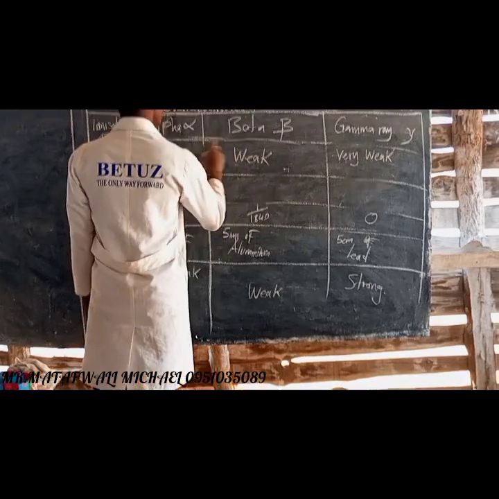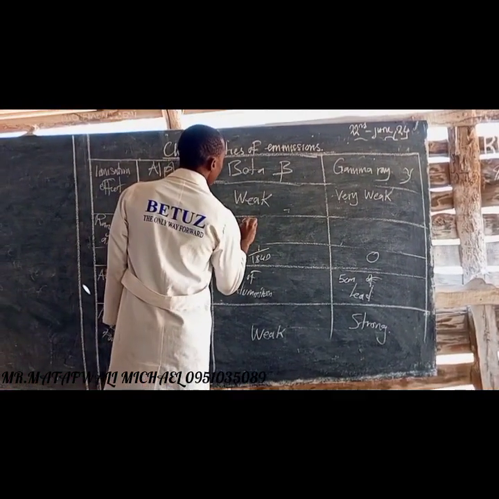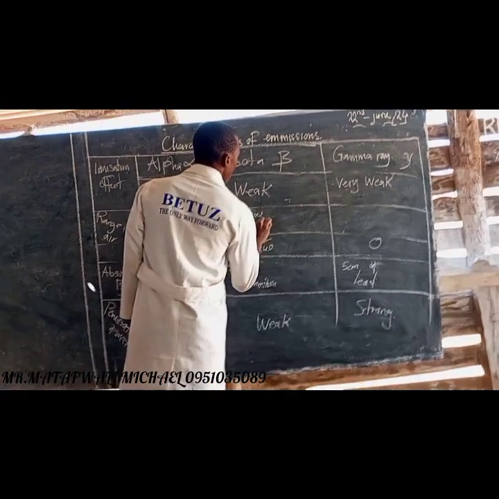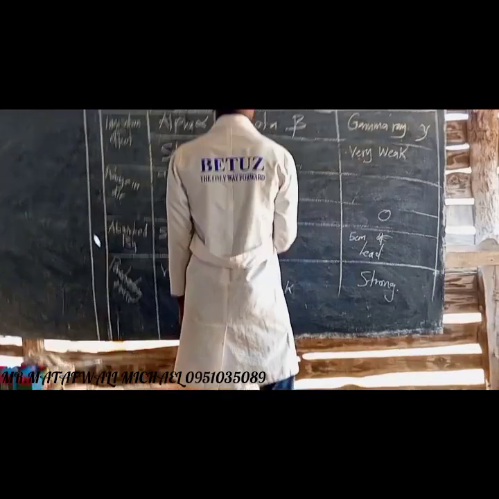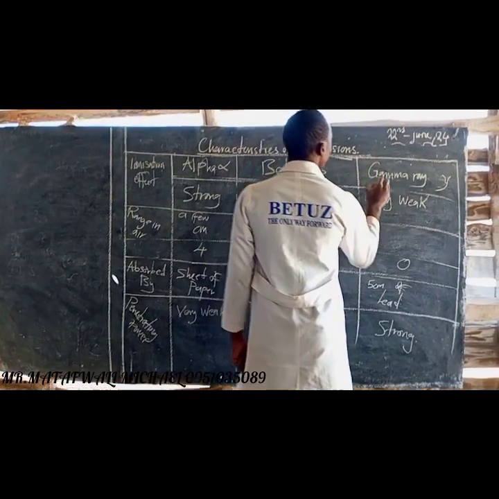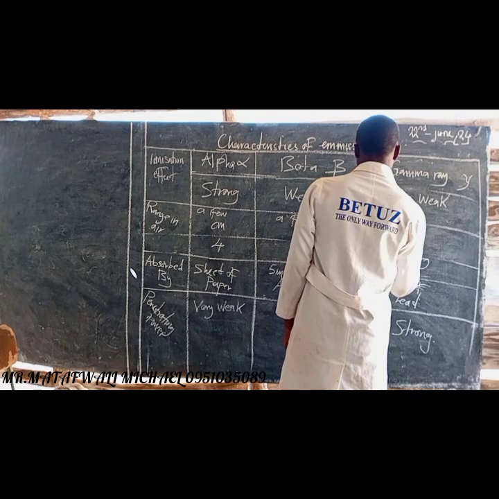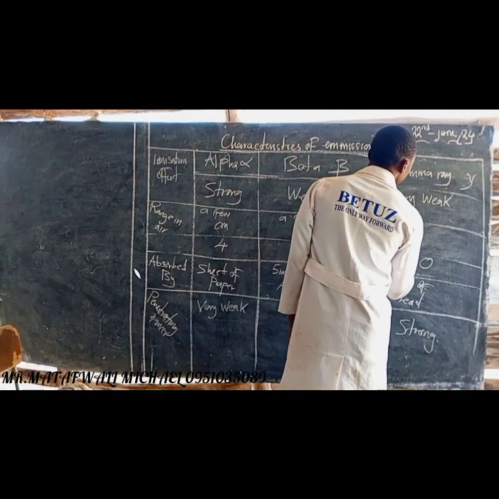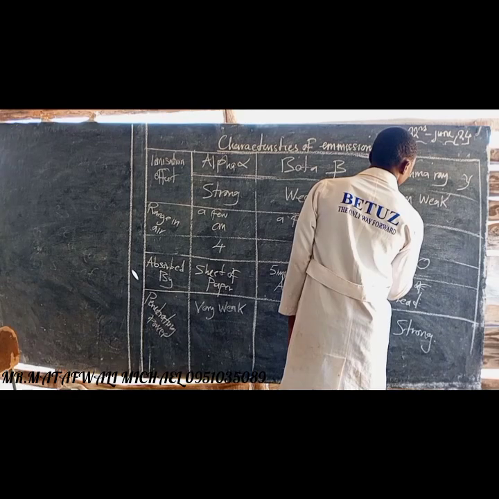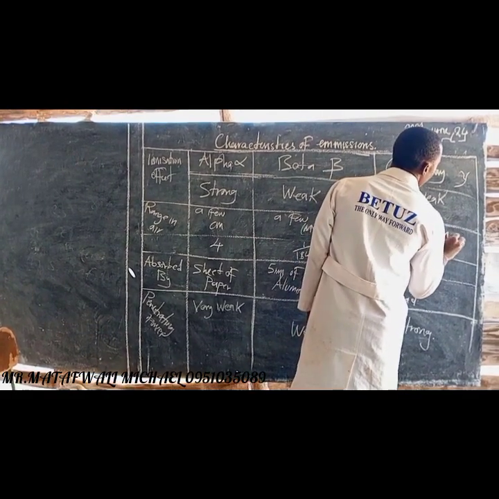The range in air of a beta particle is a few meters. Then the range in air of the gamma ray is hundreds of meters.